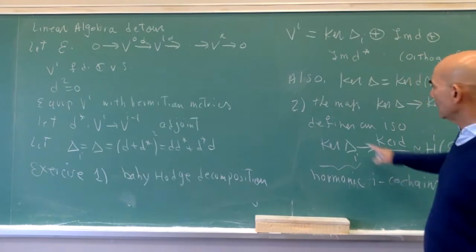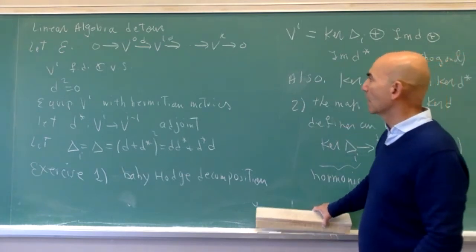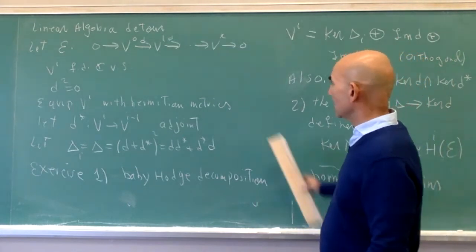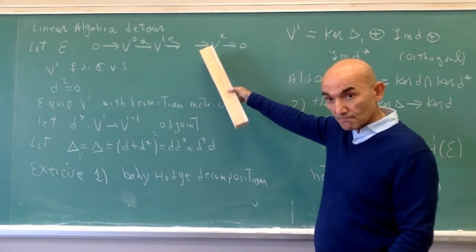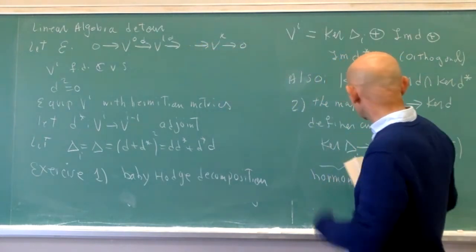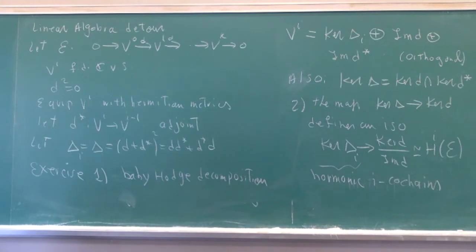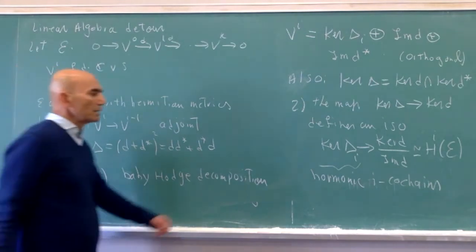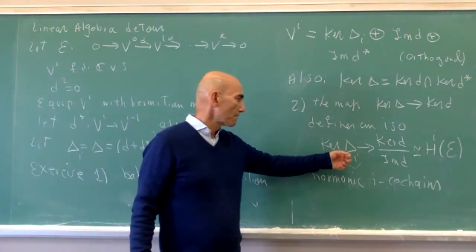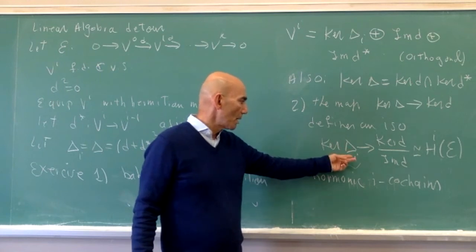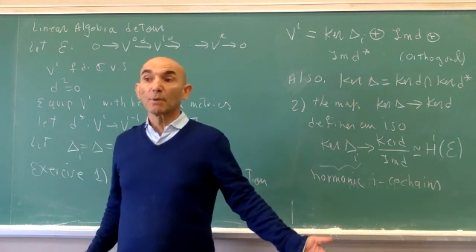Okay. And if you prove these two things, then you can also immediately show that if the complex is acyclic, then this delta is going to be an isomorphism, actually.